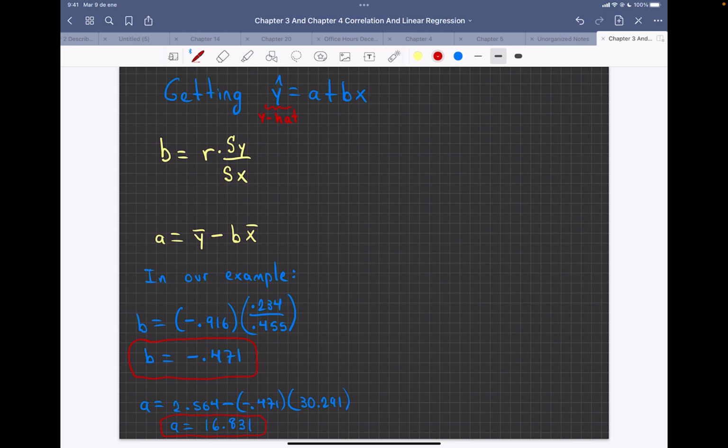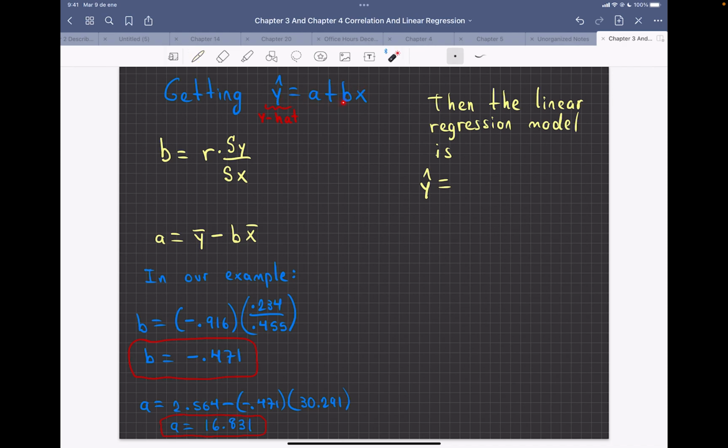There you have it. Once you have this, only then set up the linear regression model. Then the linear regression model is y hat. How do we set this up? It's simple.